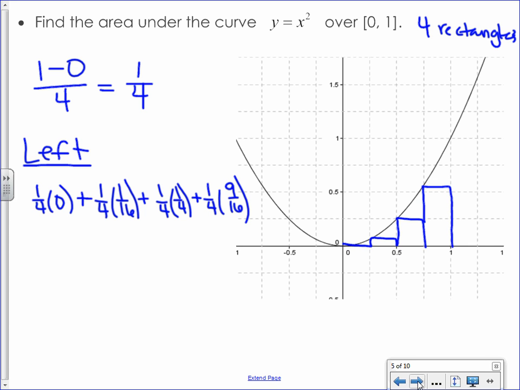Fraction, I got 15/32. Maybe. Yeah, I got 7/32. You probably just didn't put parentheses. That's fine.